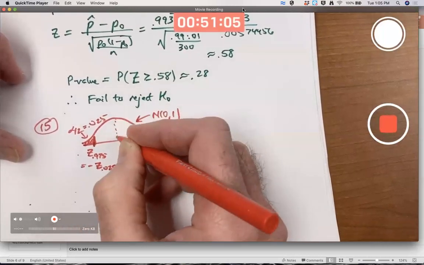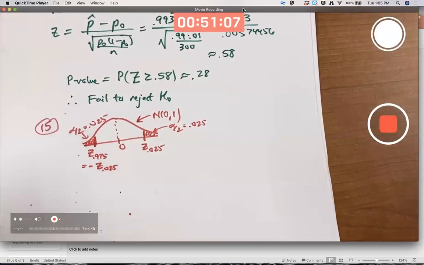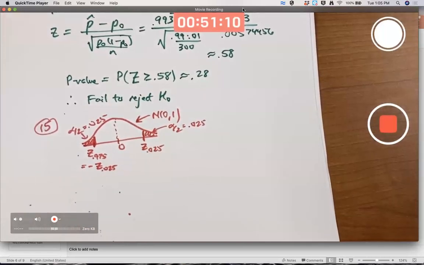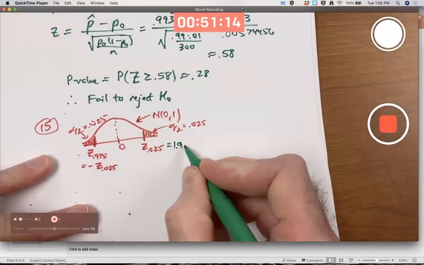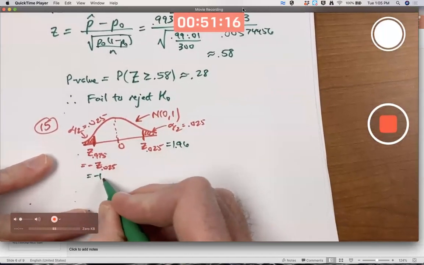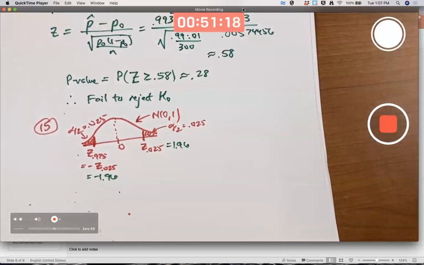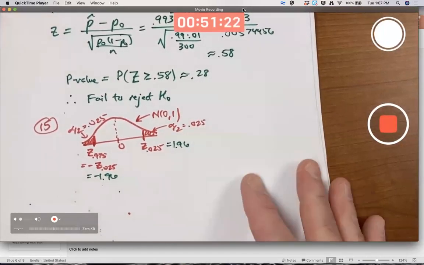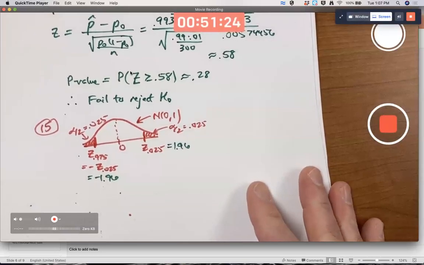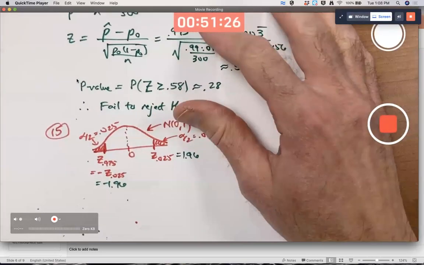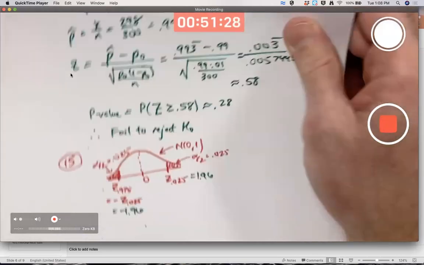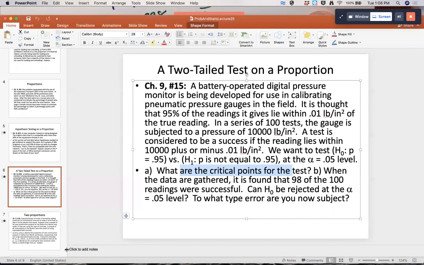This is standard normal, it's centered on 0. And that's our favorite number, right? 1.96 there. And negative 1.96. Don't even have to look it up. Those will be our two critical values for the two-tailed rejection region in this context.